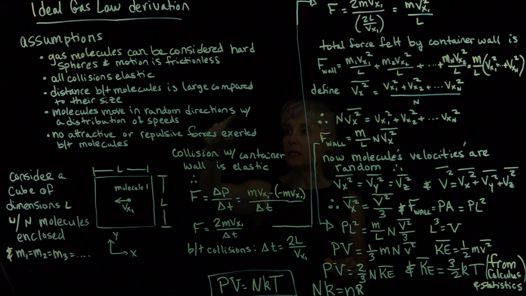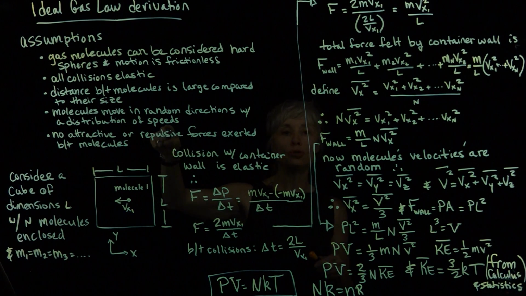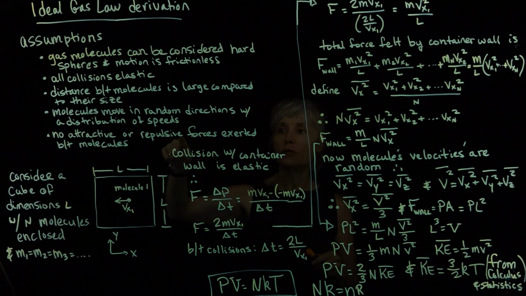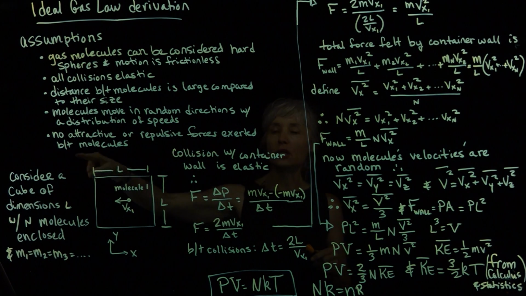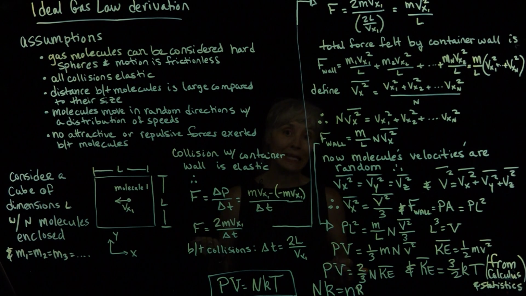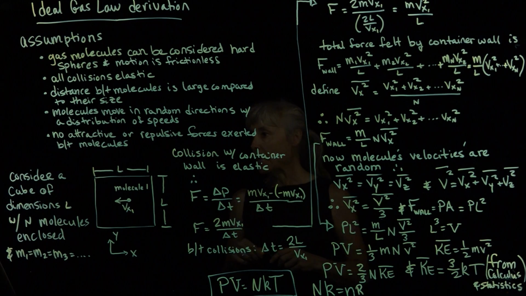Molecules move in random directions with a distribution of speeds. And there are no attractive or repulsive forces exerted between molecules. So the only forces being exerted by one molecule on another is going to be through an elastic collision. So the collisions with the container walls are elastic.